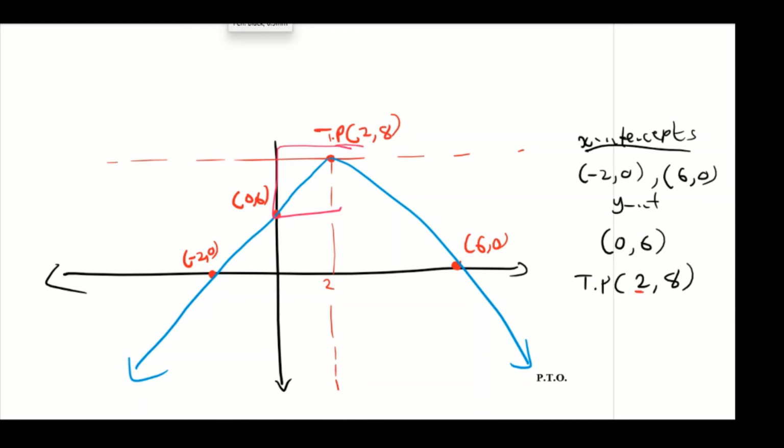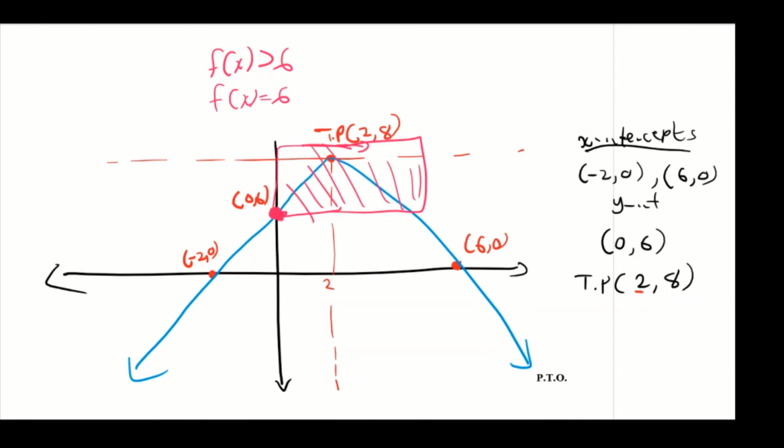So it's everything that is in here. It's greater than 6. So f of x is greater than 6 because where f of x is equal to 6, it's at this point. So anything greater, it's anything that I've shaded here. It's greater than 6 from the graph.